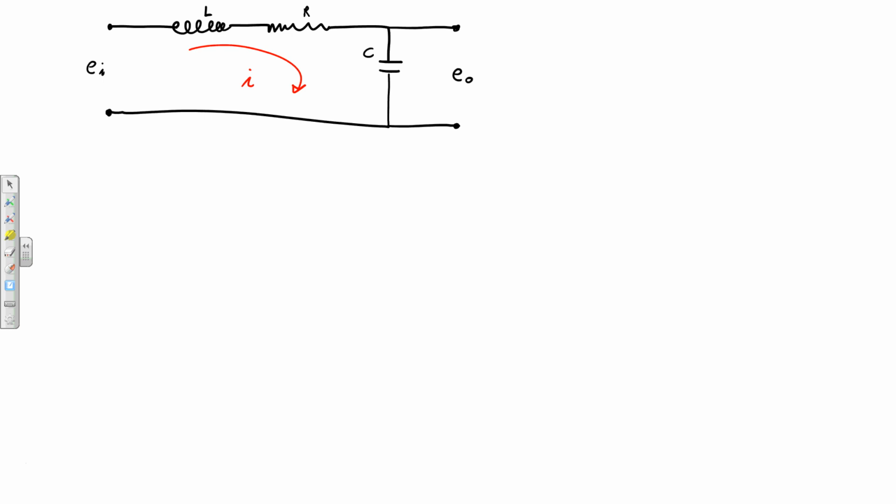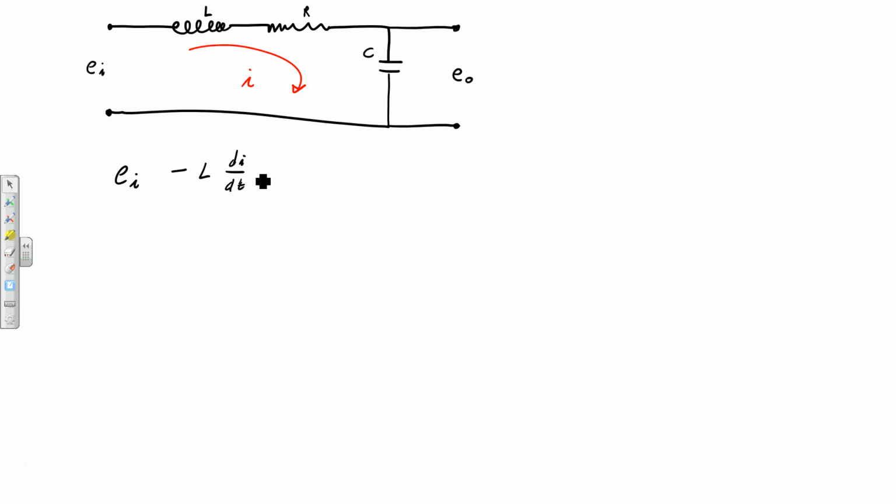We usually go to Kirchhoff's voltage law first and try to draw a relationship. So we say, okay, the input voltage, we'll just call it EI. Sometimes we call it V, sometimes we call it E. It's the same thing. Minus, now we're going to have voltage drops across each one of these. Minus L di dt.